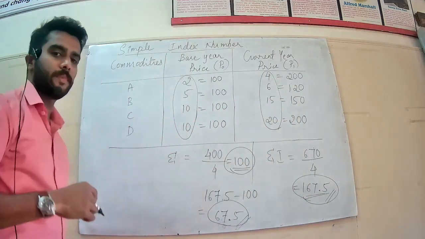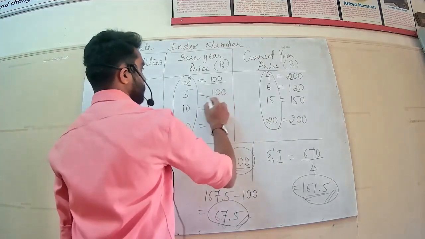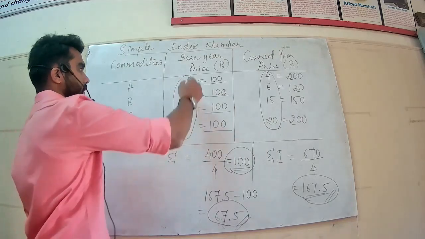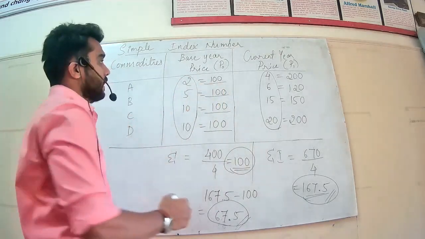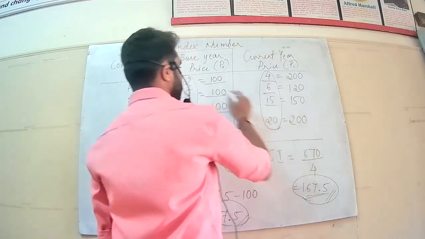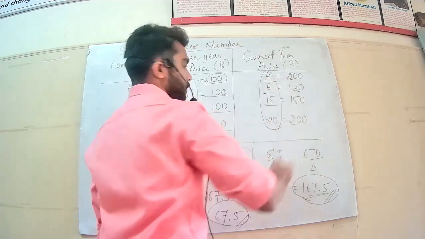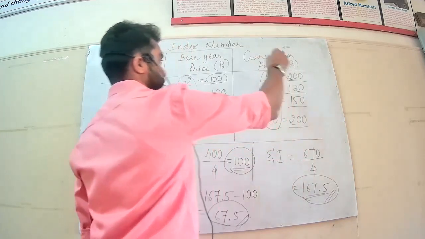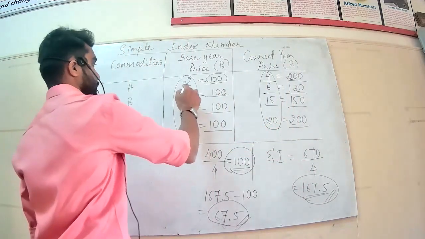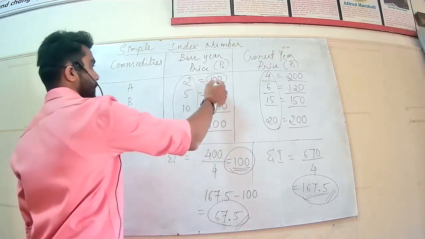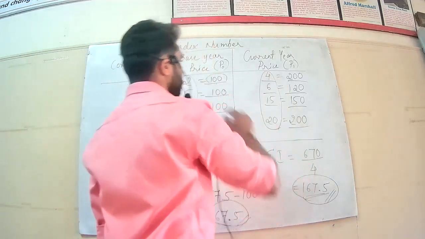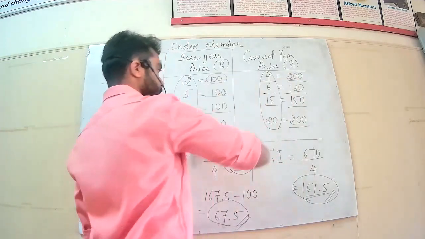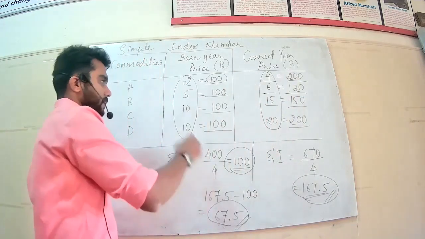If you take the base year index number as 100 for all commodities, then in the current year, on the basis of this value, you calculate the index numbers according to the current year prices. If the price is 2 for commodity A, the index number is 100. Therefore, when the price becomes 4, the index number value will also double, so it becomes 200. Similarly, it continues for the others.